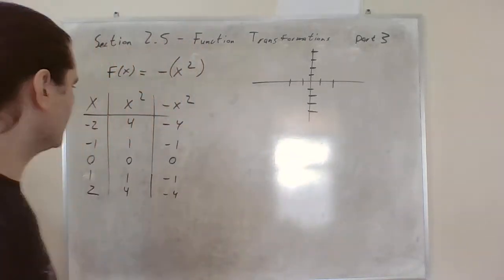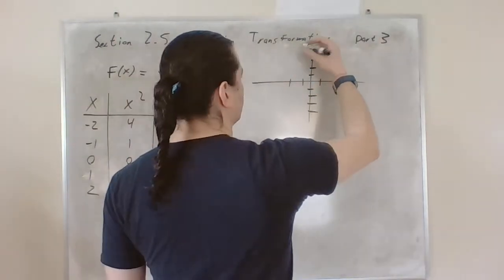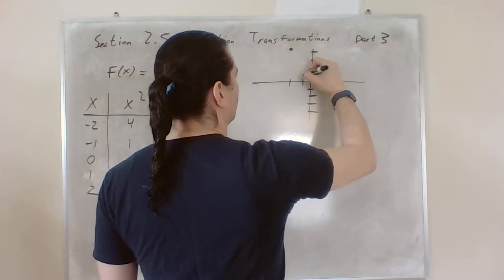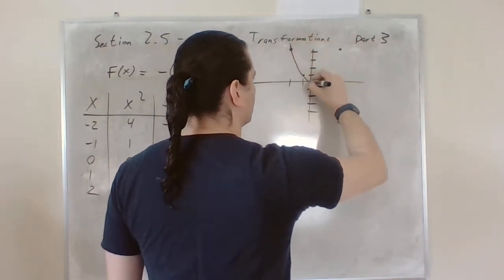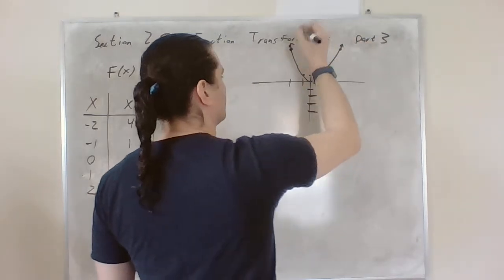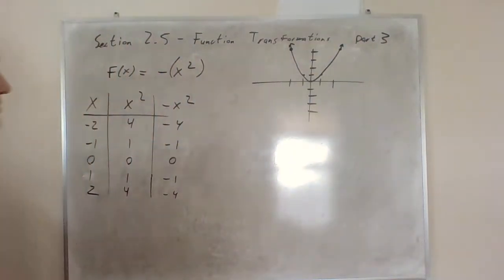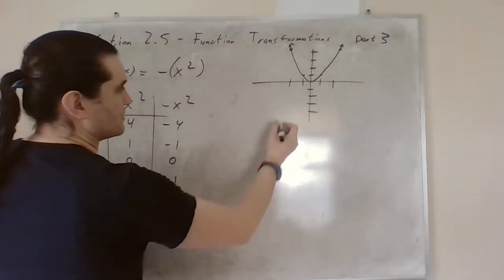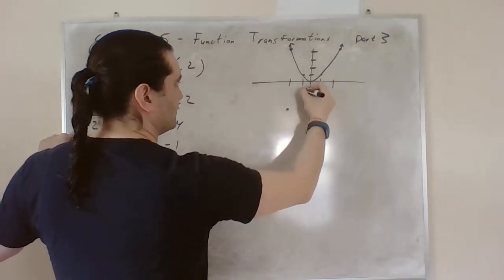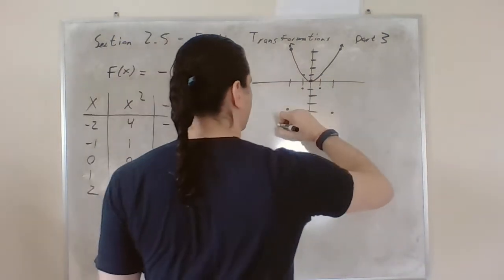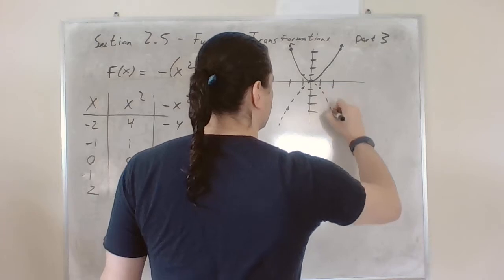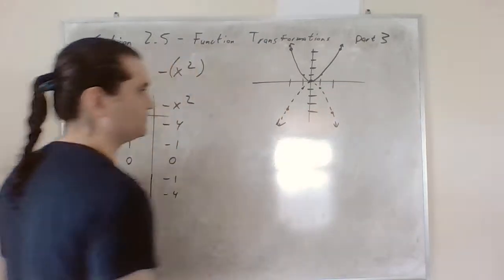For this particular transformation, again, I'm going to start with the base function. This is the base, our very standard issue, regular old-fashioned parabola, goes up. The transformed function is going to be down here at negative 4, negative 1, 0, negative 1, and negative 4. The transformed function is doing this.